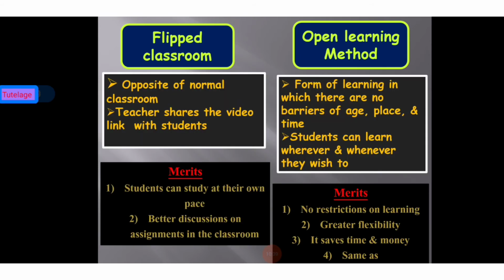At first we have to know what we mean by an open learning method. Open learning method is a form of learning in which there are no barriers of age, place, time, etc. Students can learn wherever and whenever they wish to. Okay.